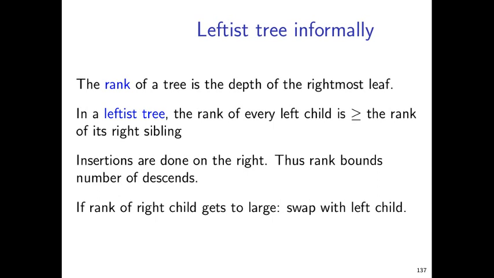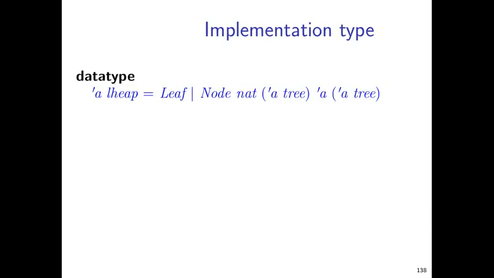In order to do that, we have to store the rank with a node. So each node gets an extra field, this one here, and it stores the rank of the node. Otherwise, it's just a normal tree.